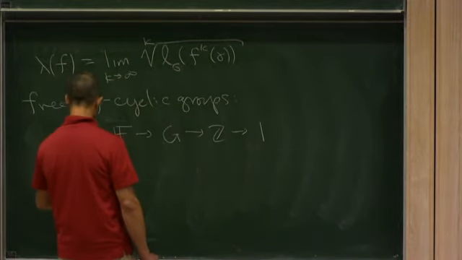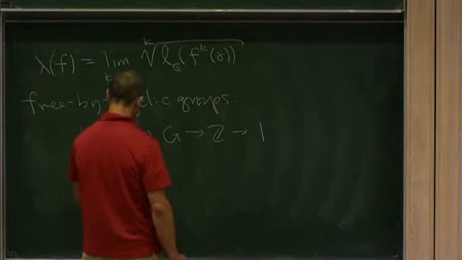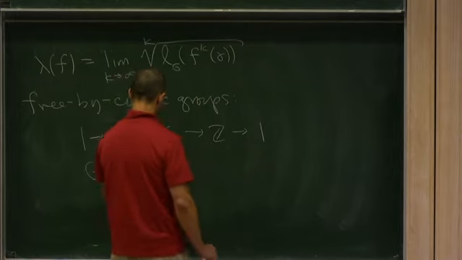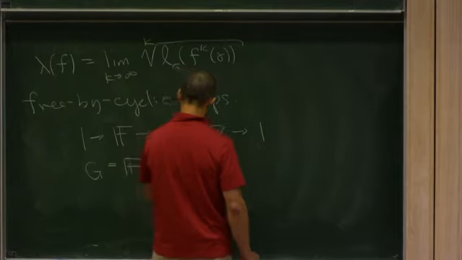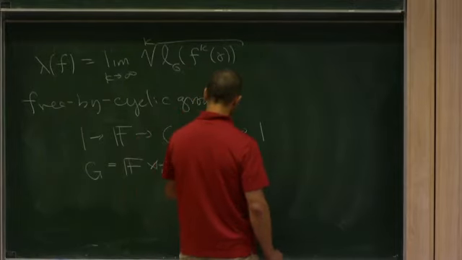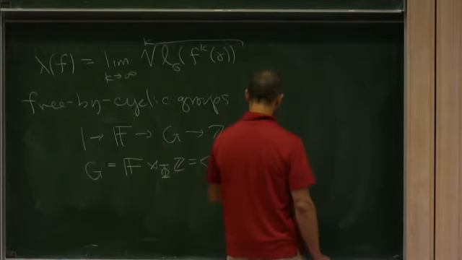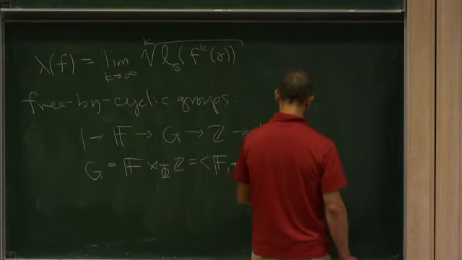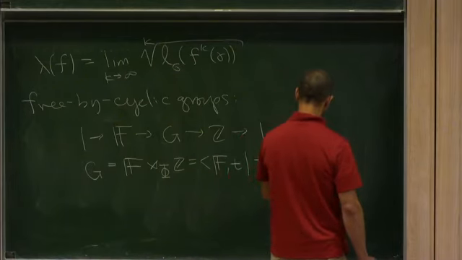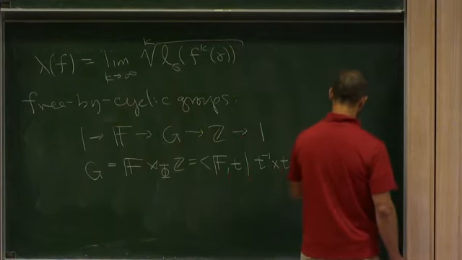So in fact, G is really a semi-direct product. I can write it as the free group with this extra generator t, and t conjugates x to some automorphism.